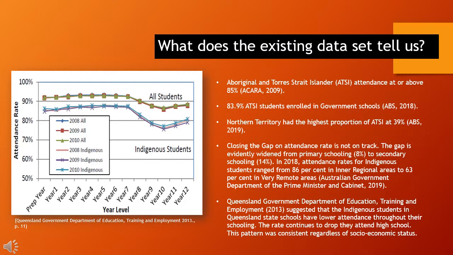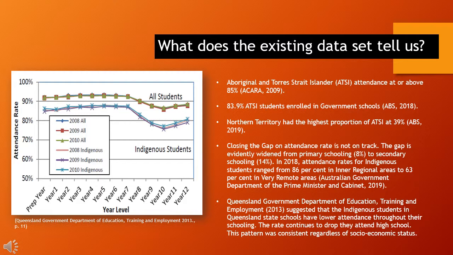83.9% of our Aboriginal and Torres Strait Islander students are enrolled in government schools, their attendance rate has been persistently lower than the non-Indigenous students. The gap gets bigger as these students progress to the secondary schools.